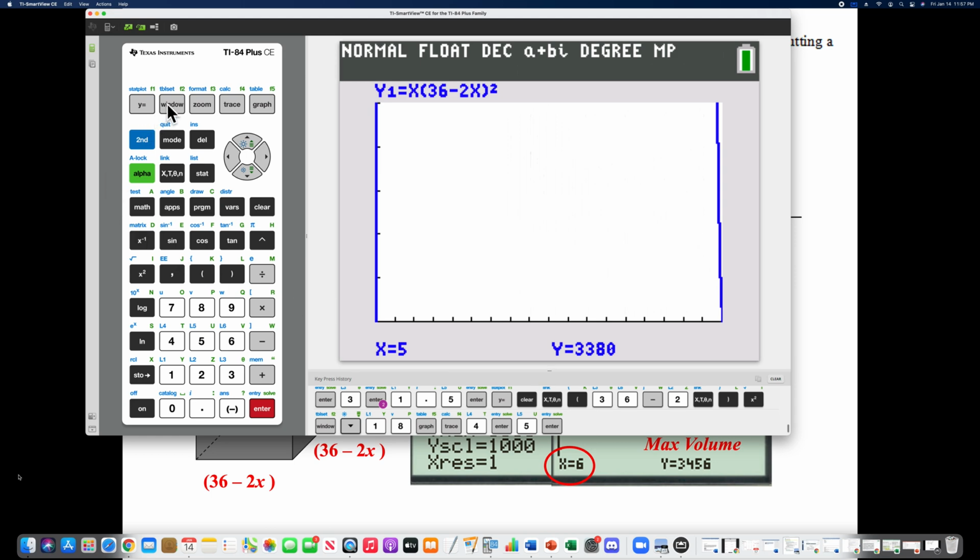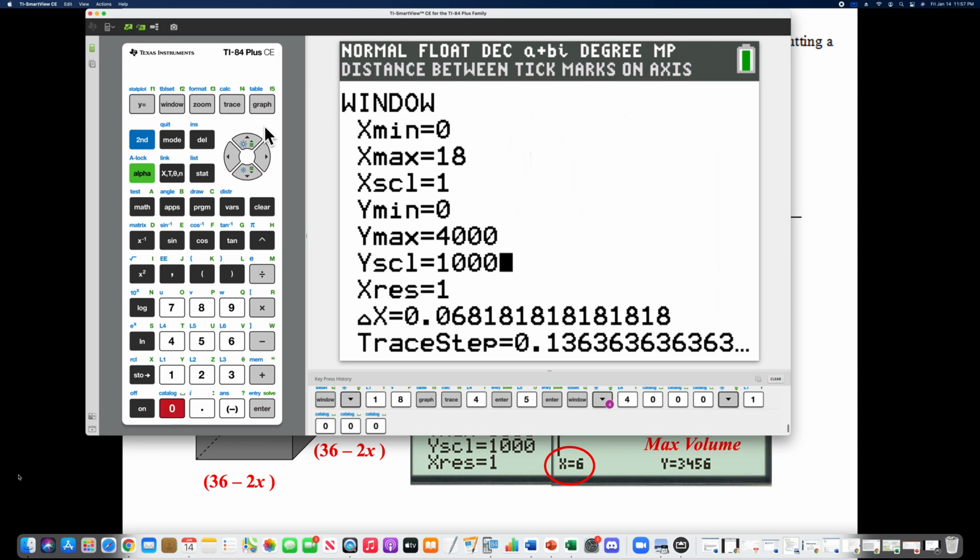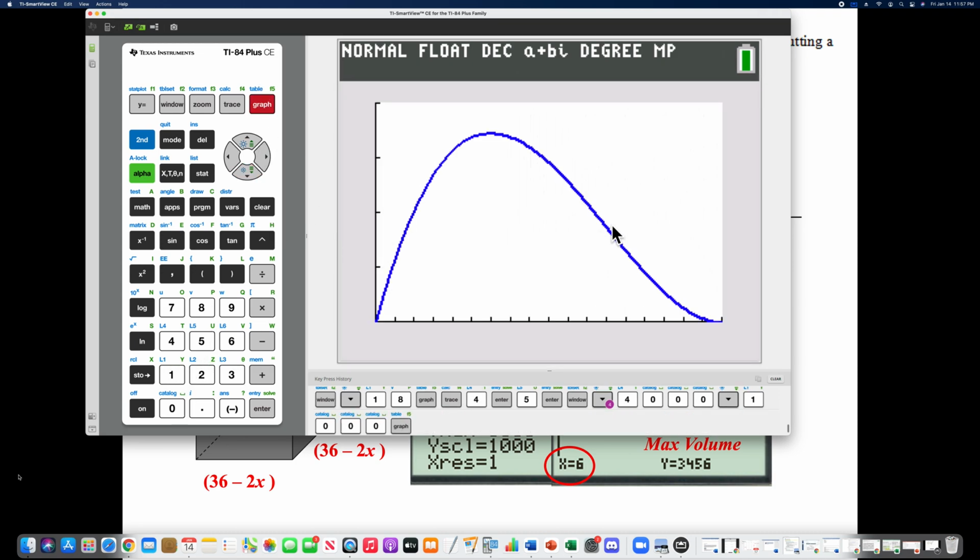So I would change my window, take my Y max and maybe make it 4,000. Y scale 1,000. Graph it. I want to see the whole curve. So there's my max right there.